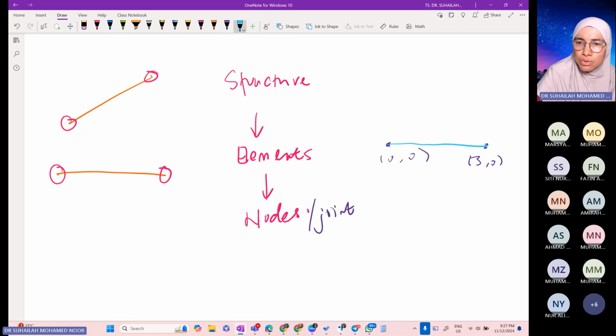Maknanya elemen ni adalah terhasil from two nodes. One element consists of two nodes and many element akan membentuk structure. So dia punya flow macam tu.